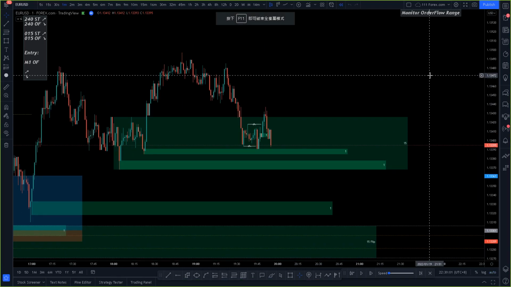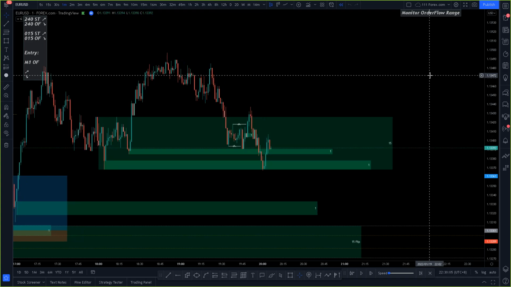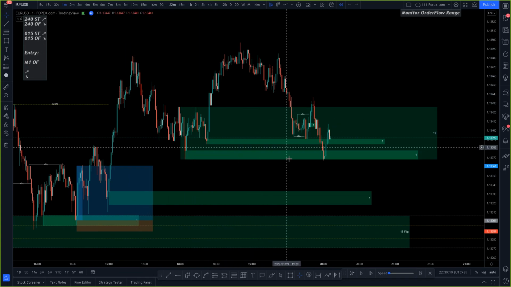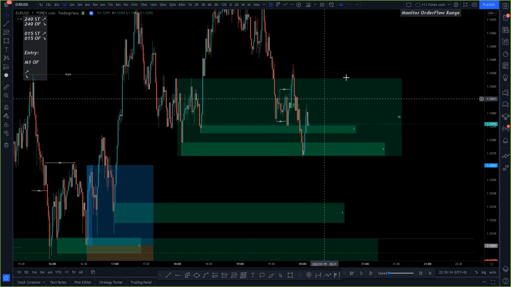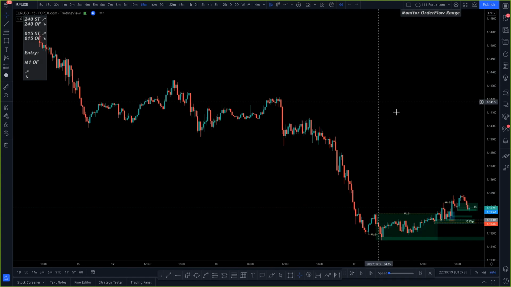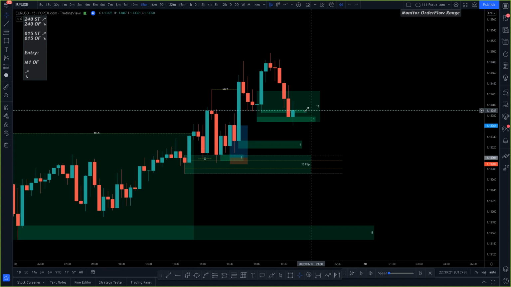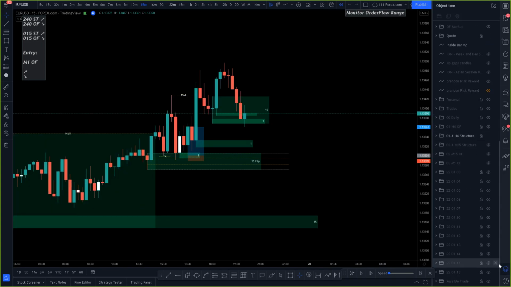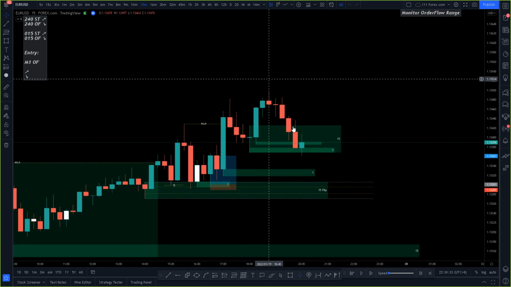But yep, such is life. And cool, now structurally, this one was interesting, like this is the M15 order flow, right? M15 order flow to the upside. Buy to sell, sell to buy.